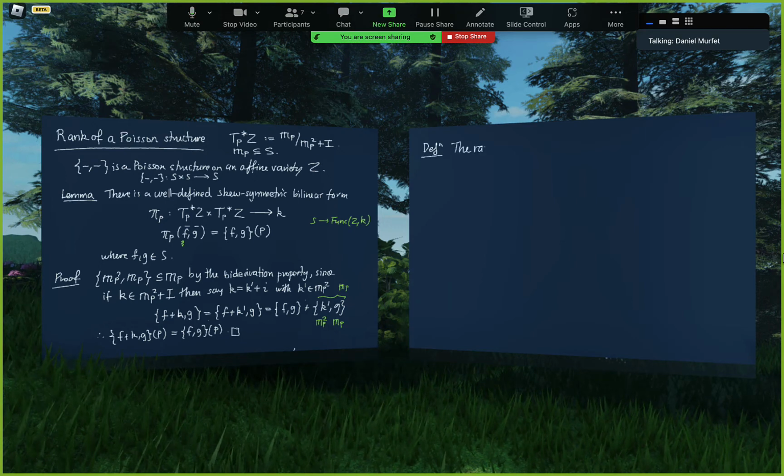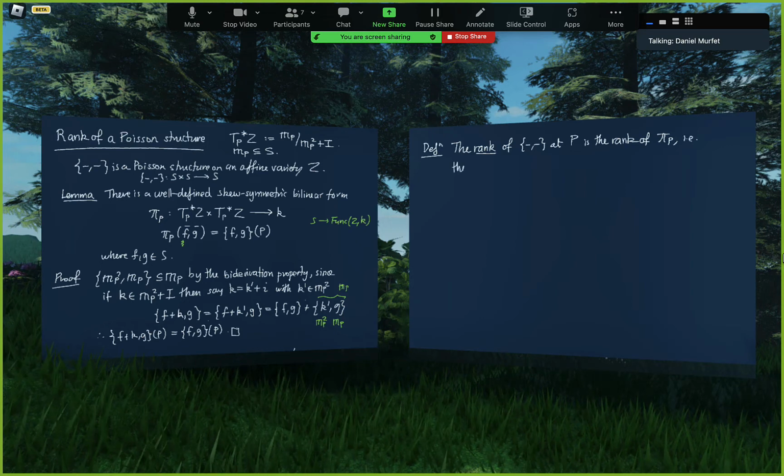So the rank of the Poisson structure at P is the rank of this pairing. Or if you like, that means the rank of the corresponding linear transformation.